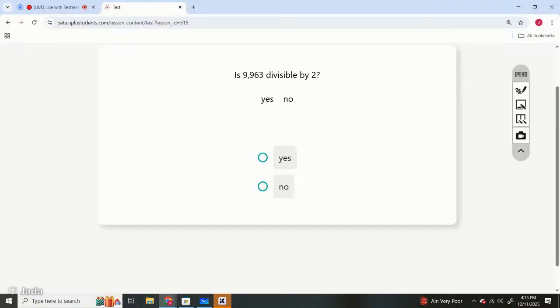No, that is not divisible by 2 because for the divisibility rule, the ones digit must be 0, 2, 4, 6, or 8. But here we have 3. So no, that is not divisible.